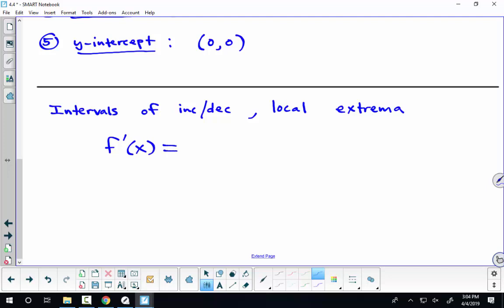For those, we're using the first derivative given to us as -3 times (x squared plus 1) all over (x squared minus 1) squared. Okay, so we need to find where the first derivative is undefined and where the first derivative is 0. We've got to find those values.